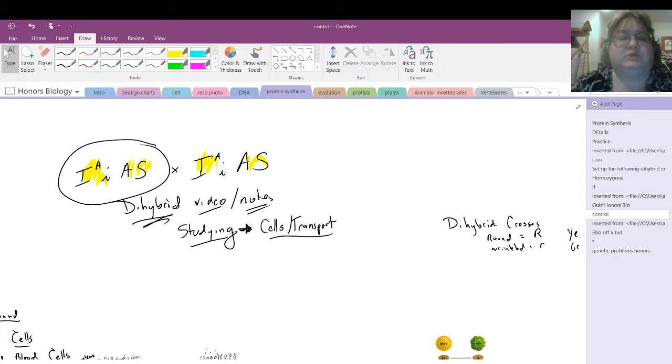Well, in this case, we're talking about two different genes, the gene for blood type and the gene for hemoglobin, whether or not it's normal or sickle cell. So you can imagine this starts getting a little bit more complicated because you're trying to determine all of the different possibilities. So let's start off easy.